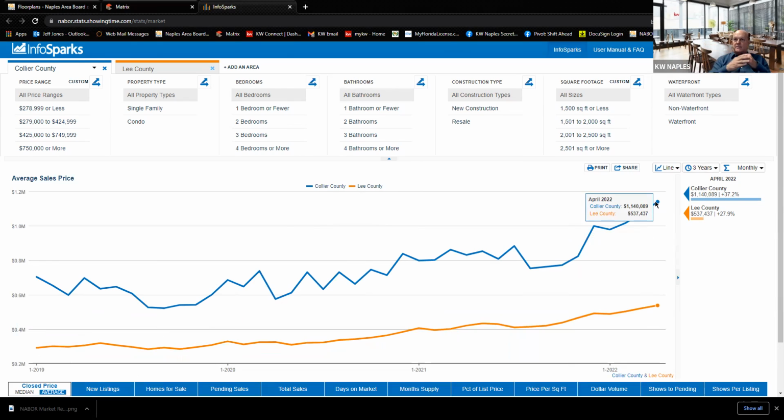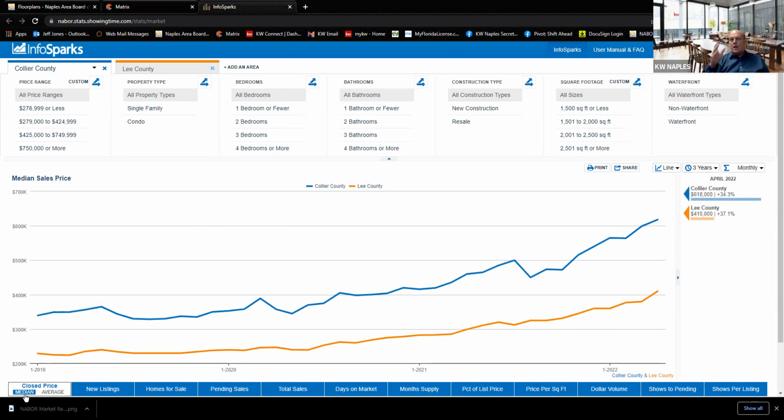That's the average of all sales during the month. We're tracking it, but we also tend to track median a little bit more because the middle doesn't generally move that much. So why are these prices up so much?